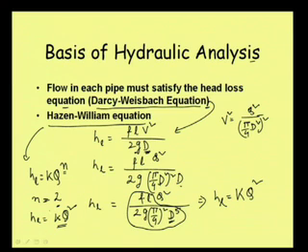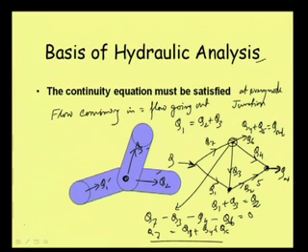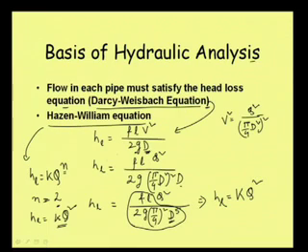So, this is the second condition that we need to satisfy. We have discussed two conditions till now. One is that the continuity condition must be satisfied, second is that the head loss equation of Darcy-Weisbach or Hazen-Williams must be valid.